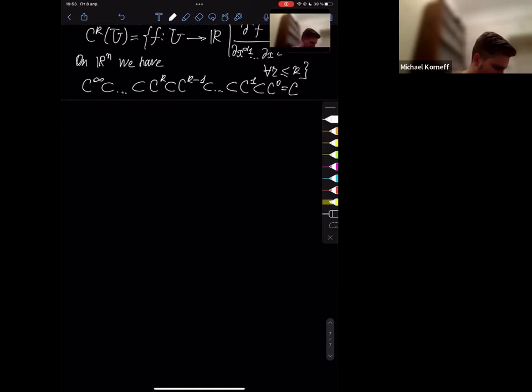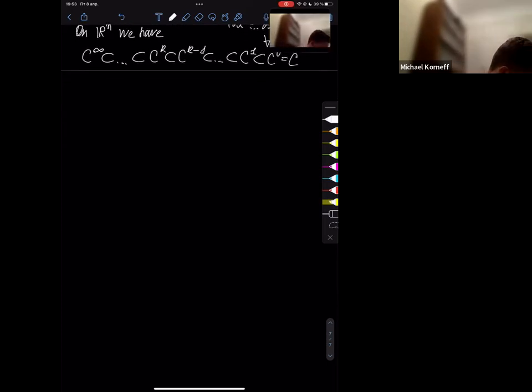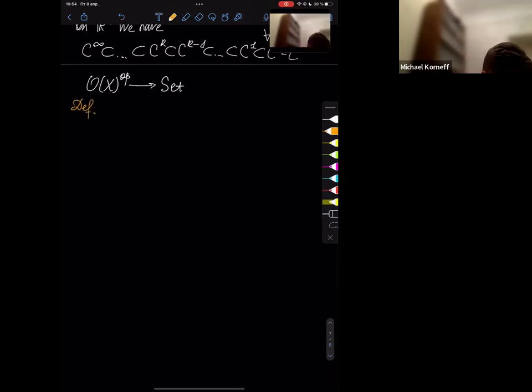Okay, and now we can give a general definition of sheaf. We also noted that a sheaf is a pre-sheaf in the categorical sense. It is a contravariant functor from the category of open sets to the category of sets. Now the definition.